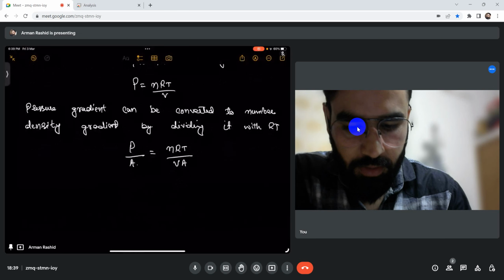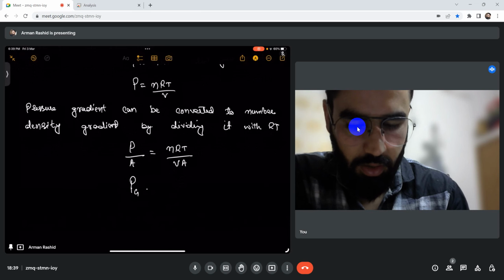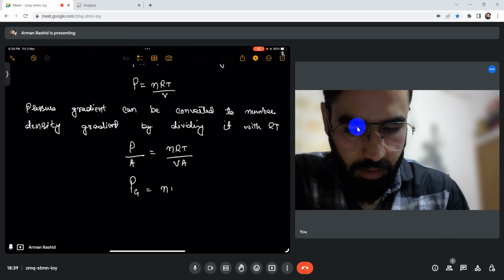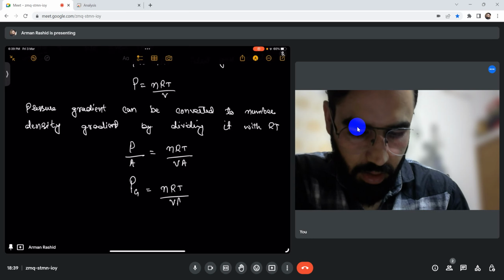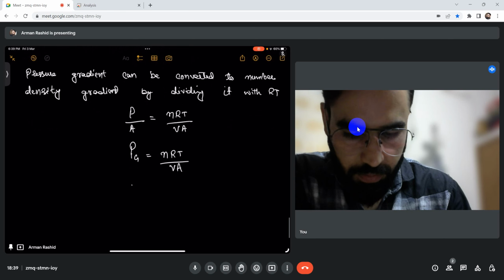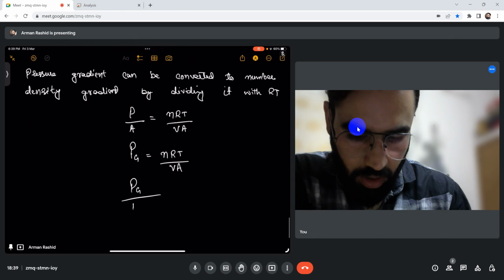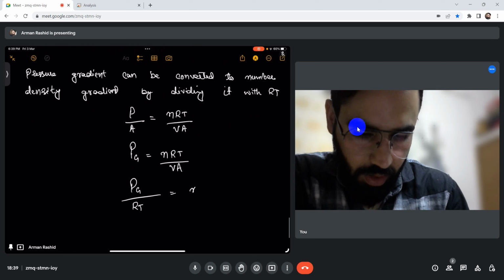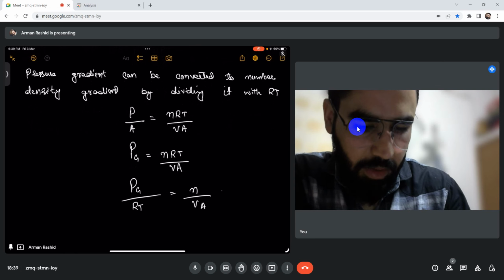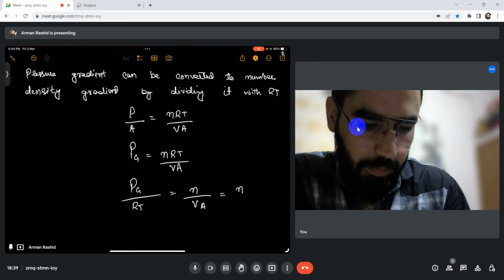This is the pressure gradient, which we'll denote by PG, equivalent to nRT by VA. So PG by RT will be equivalent to n by VA, where n by V is the number density.